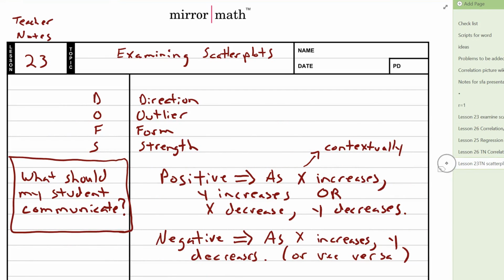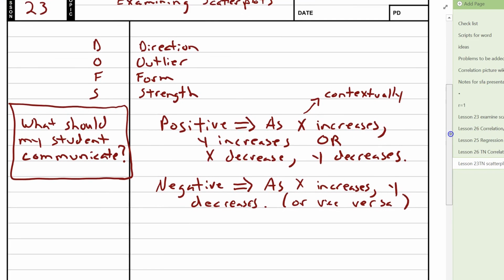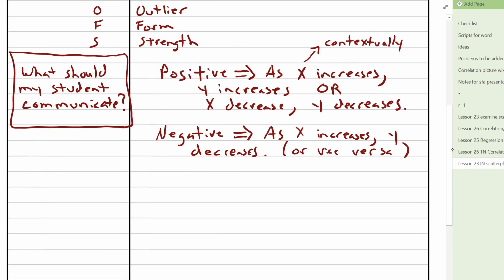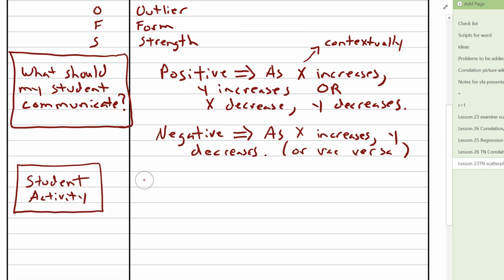All right. I suggest the following student activity that we will use during the first 3 lessons at least of this week. Student activity. You are going to have the students examine the relationship between 3 variables.